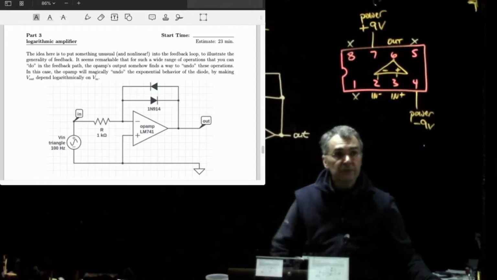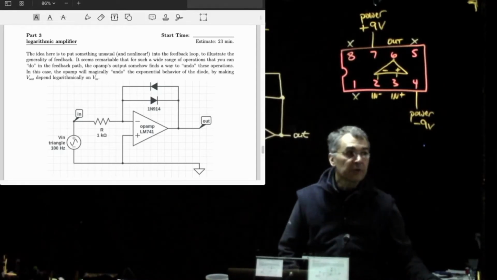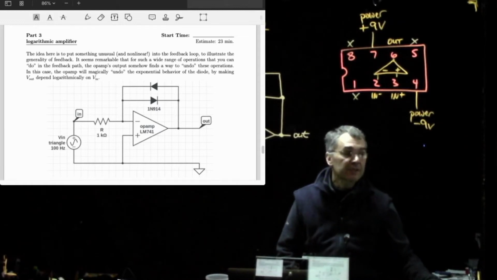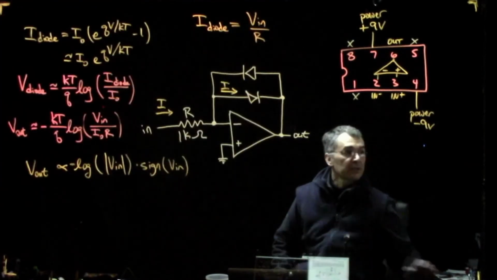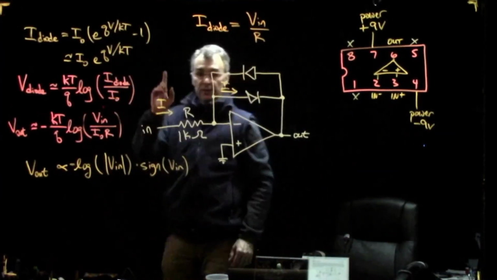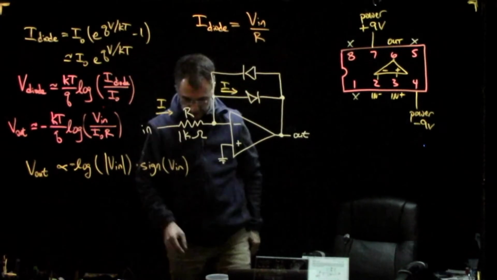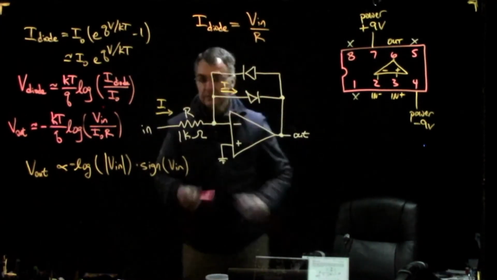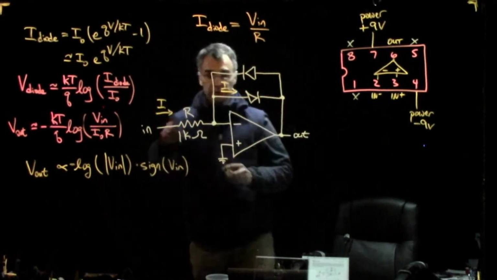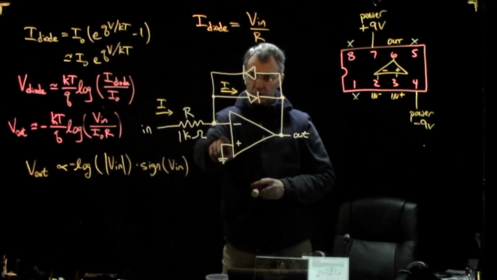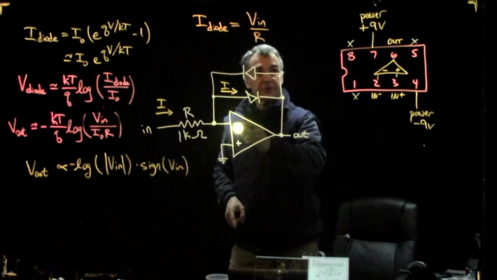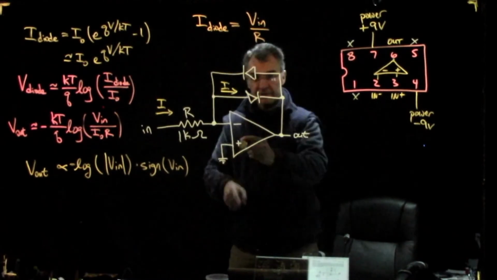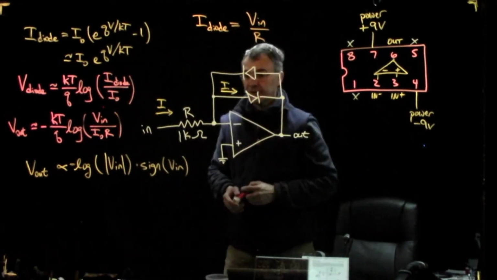Okay, let's take a look at part 3 of lab 9, the logarithmic amplifier. Once again, we have the input coming into the inverting input of the op amp, and the non-inverting input is grounded.